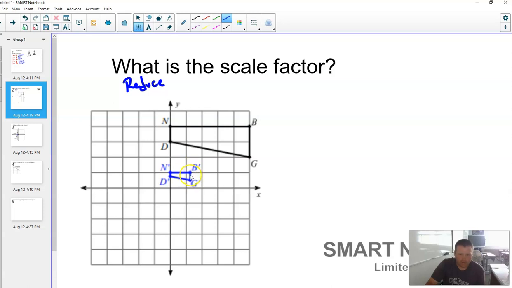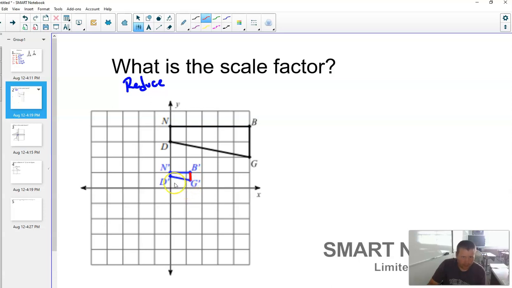There's a couple ways of doing this. Because this is on a coordinate plane, I can identify the points and divide. But probably the easiest thing to do would be to ask how long is this side length, one of the side lengths.